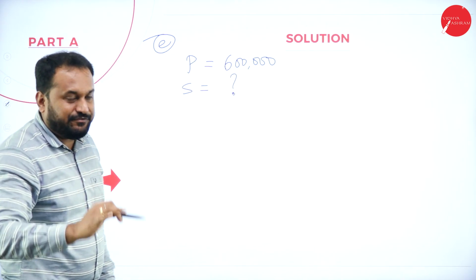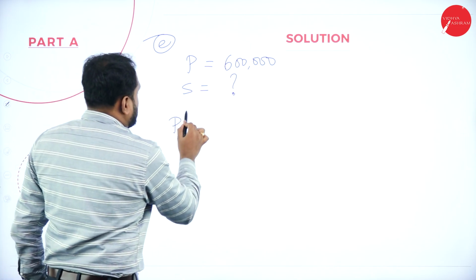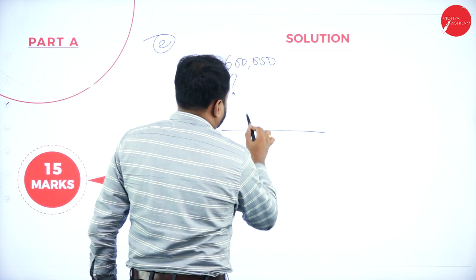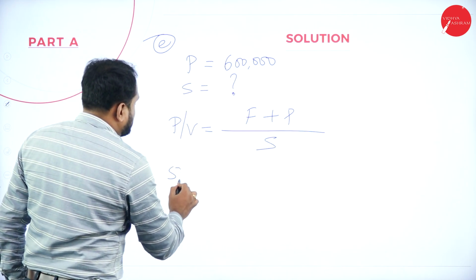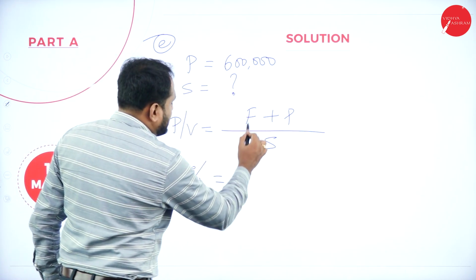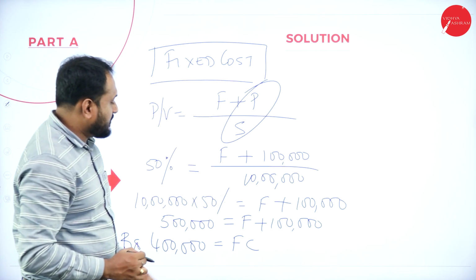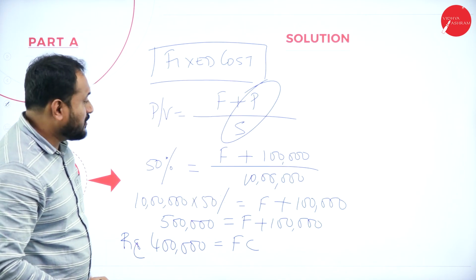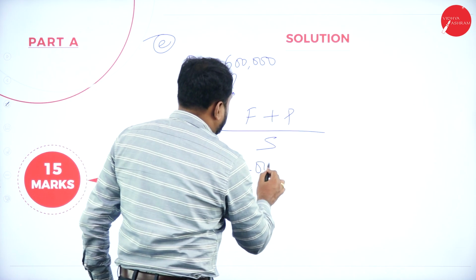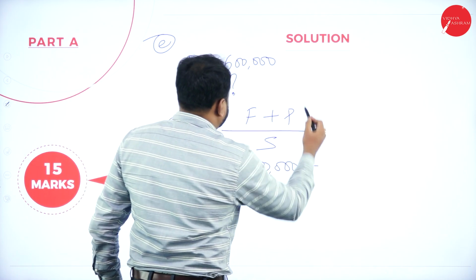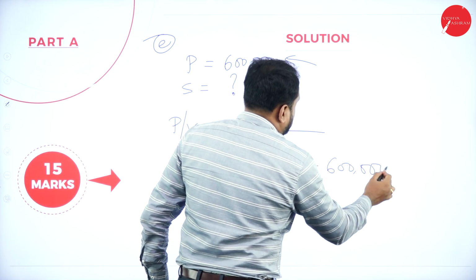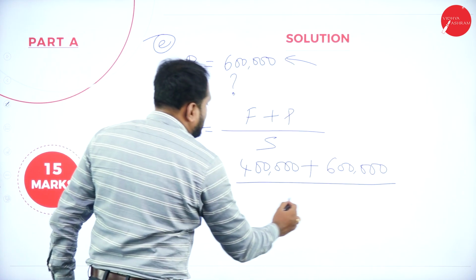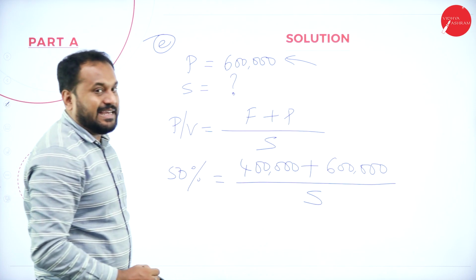Question mark. Same way you are supposed to go with, that is PV is equal to F plus P divided by S. Now PV is how much? 50%. Fixed is how much? See here only we have calculated fixed cost, that is 4 lakh rupees. So we'll go with 4 lakh plus profit they have given, that is 6 lakh, divided by sales is what? Question mark. So sales is S. I'll keep it.